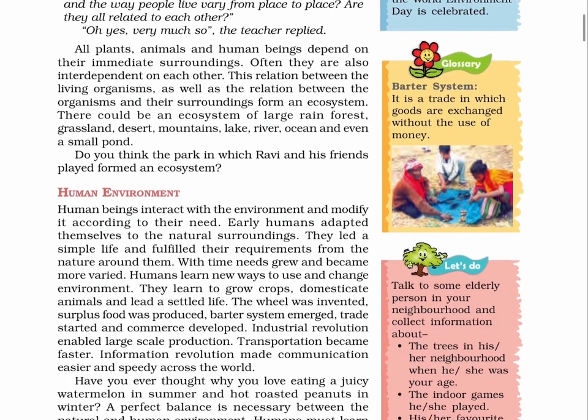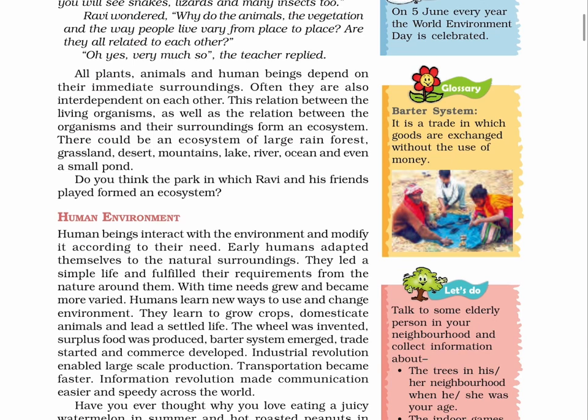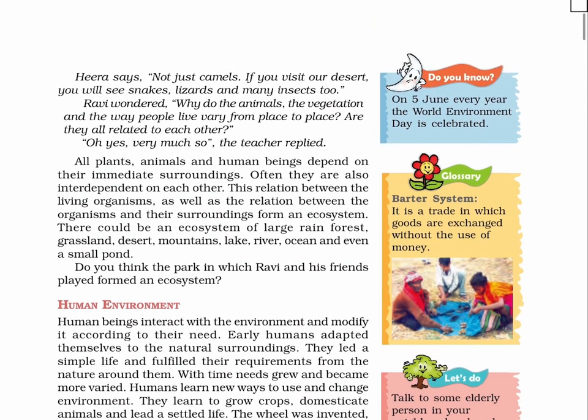There could be an ecosystem of large rainforest, grassland, desert, mountains, lake, river, ocean, and even a small pond. Do you think the park in which Ravi and his friends played formed an ecosystem?"